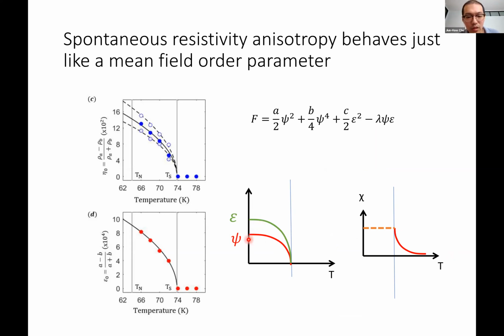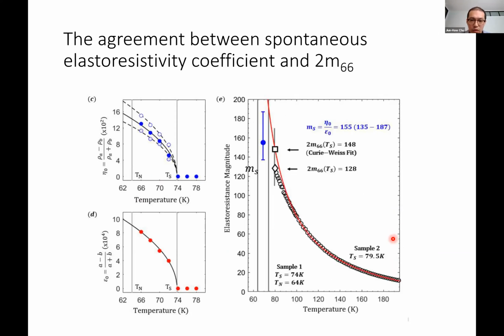So therefore, if the resistive anisotropy is truly a good representation of the nematic order parameter, and this whole free energy framework works, then we expect that the ratio of these two quantities will be the same as the elastoresistivity coefficient at the transition temperature. So we measured the elastoresistivity coefficient of crystals from the same batch, and the answer is that they do match.